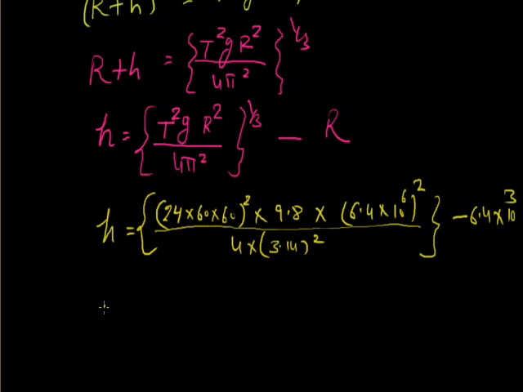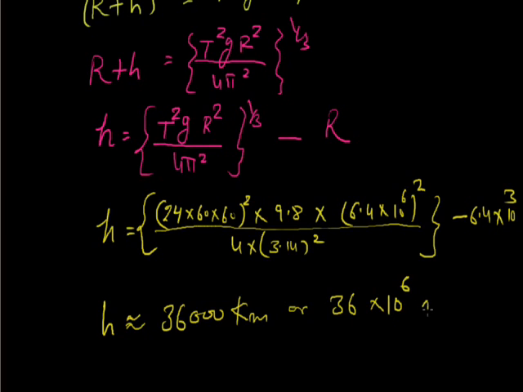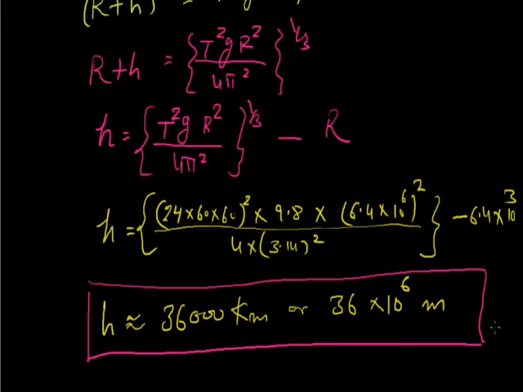And after calculation we get h approximately 36,000 kilometer or 36 into 10 raised to the power 6 meter. It is the approximate height of the geostationary satellite.